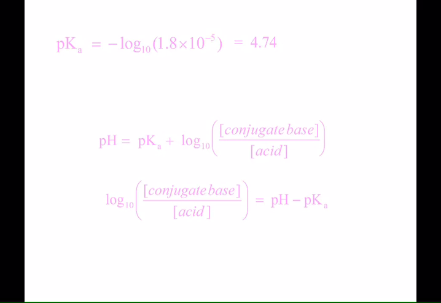So it looks like this. Basically, I take 10 raised to these powers. So now, I think I'm going to switch to moles here in a minute, but now we have the ratio of the molar concentration of the base to molar concentration of acid is equal to 10 raised to the pH minus pKa.